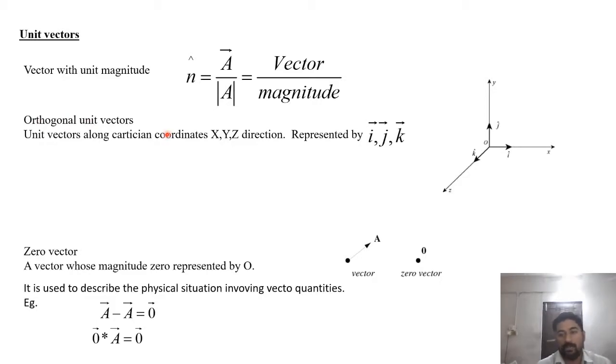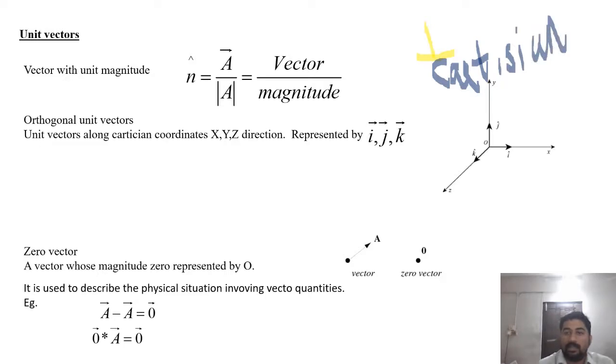Orthogonal unit vectors. What is the meaning of orthogonal? Orthogonal means perpendicular. Orthogonal means the vectors are perpendicular. So for orthogonal unit vectors, we know the Cartesian coordinates, the coordinates we are familiar with.